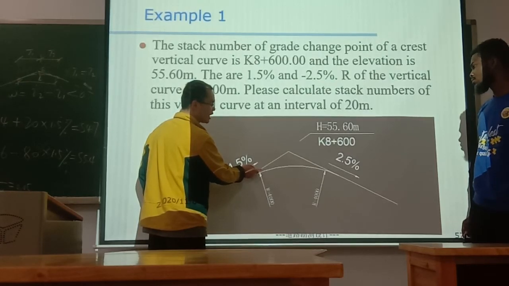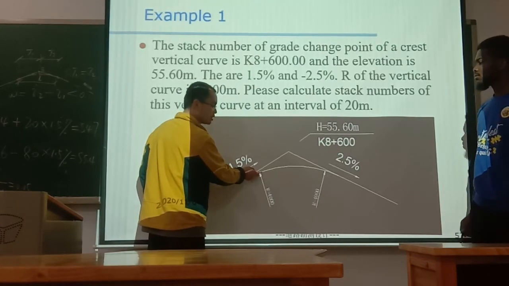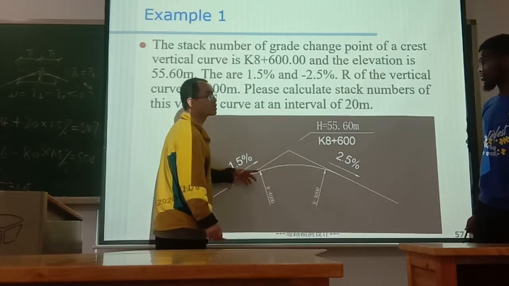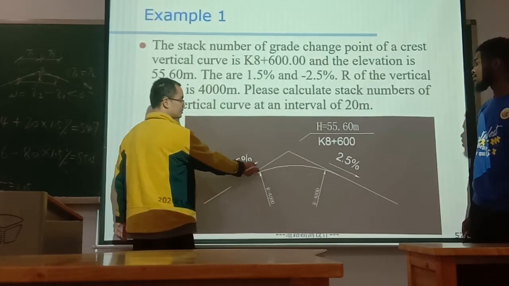This is the elevation on the slope, and this is the elevation of design on the circle, on the vertical curve. Okay.